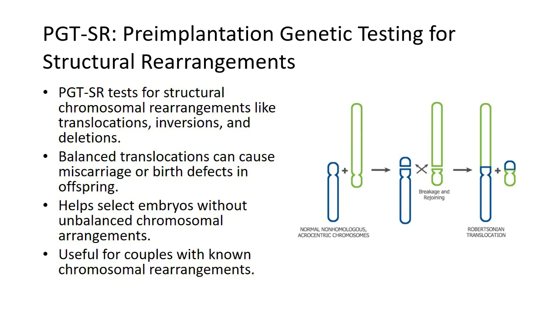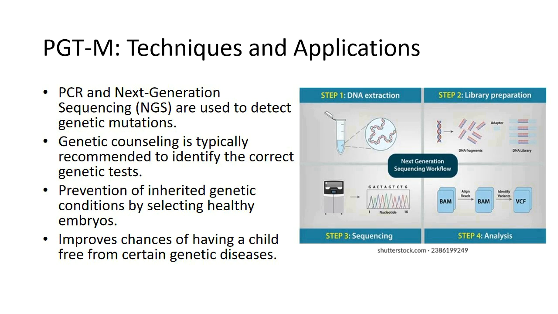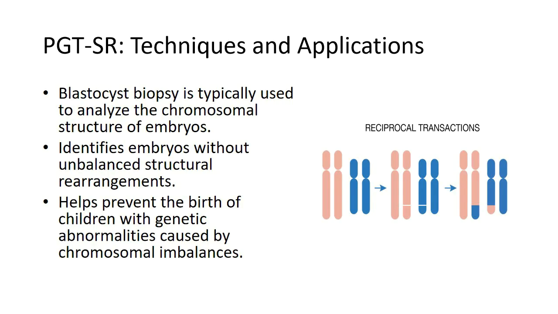PGT-SR is particularly helpful for individuals or couples who have a known balanced translocation, where a portion of a chromosome is rearranged but not lost, and are at risk of passing unbalanced chromosomal rearrangements to their offspring. B. Techniques used in PGT-SR. Blastocyst biopsy.